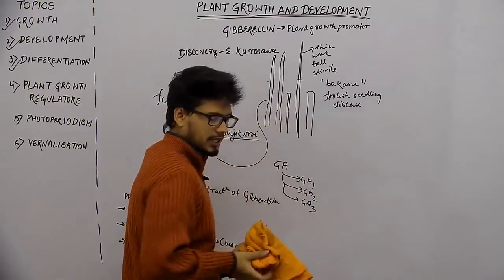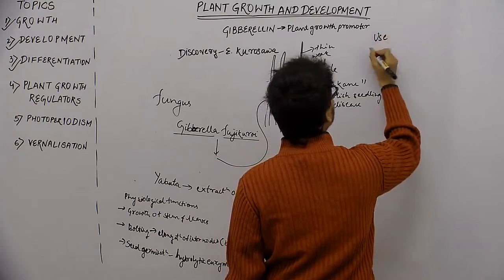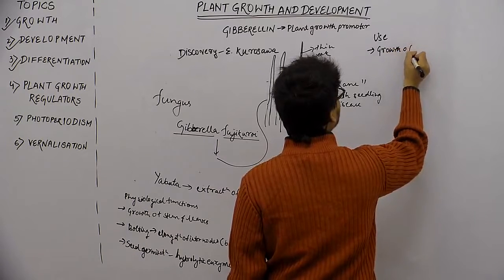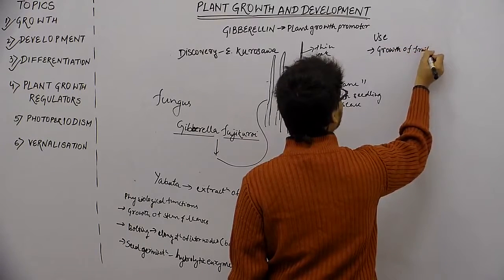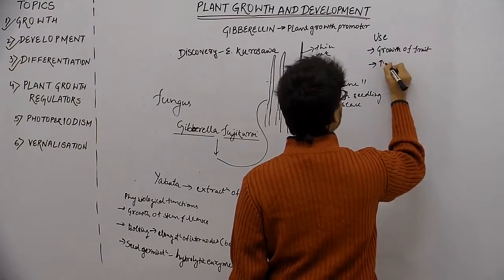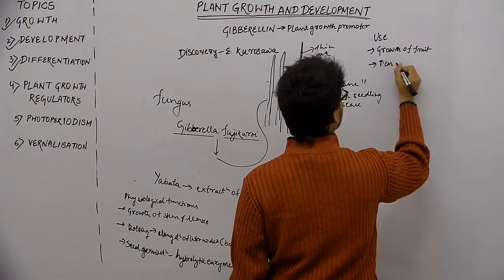this plant hormone. The first use is the growth of fruit. It also helps in increase in malt.